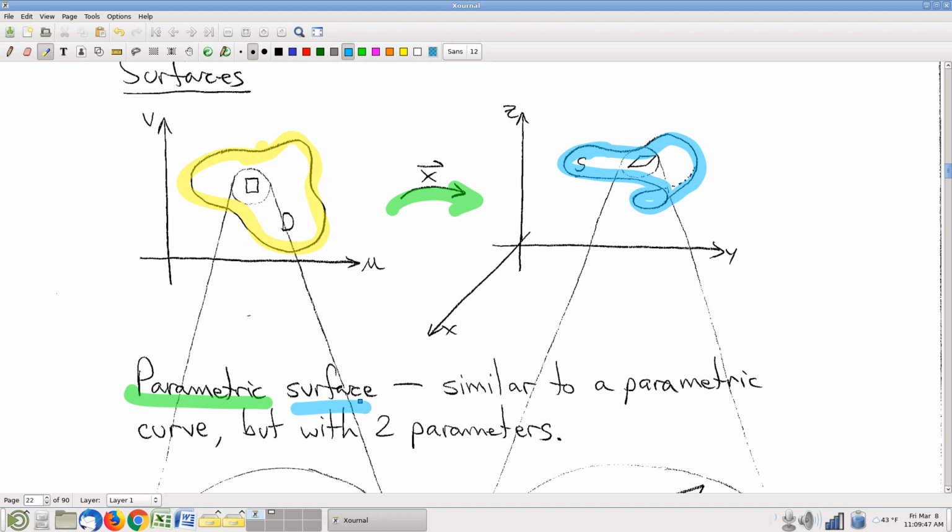Can I keep track of how this little piece of area gets stretched out by this parameterization to make maybe a little bit bigger, maybe a little bit smaller, stretched out or possibly squished piece of area? And what is the stretching factor there? And we're going to break it down in very similar ways.